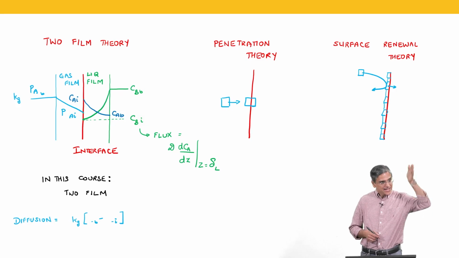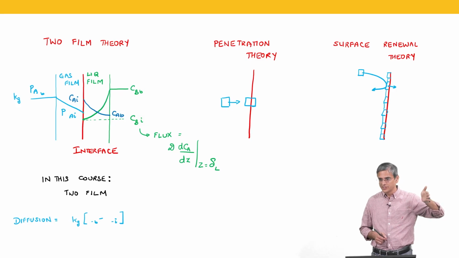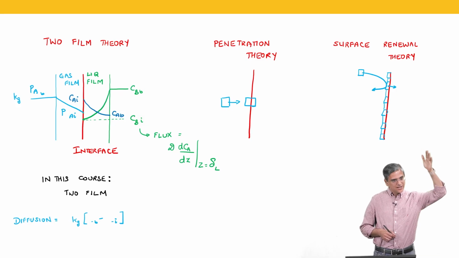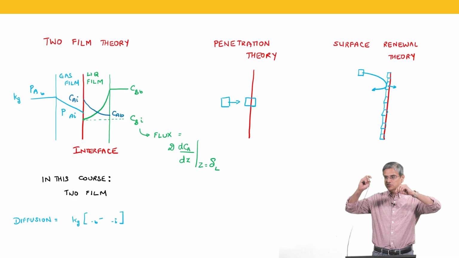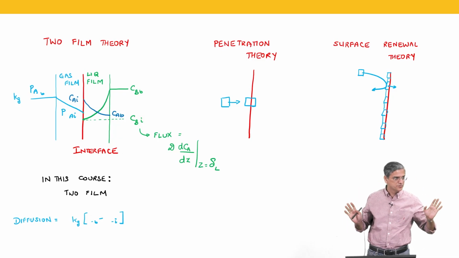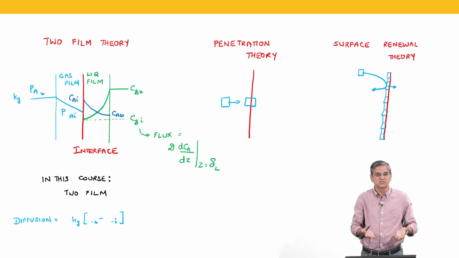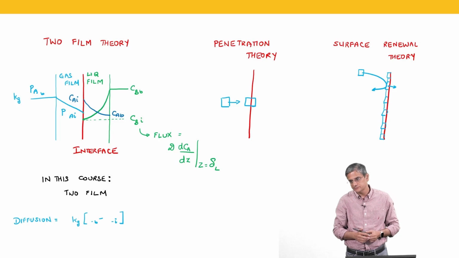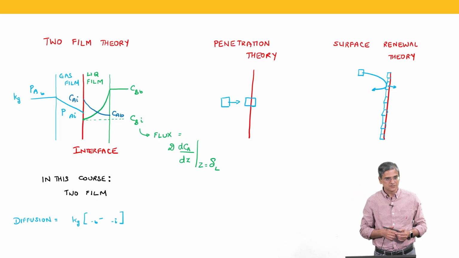So the y axes are different for the light blue and dark blue. There are two y axes, one for pressure and another for concentration. Just because visually you see CA at a different location, it has absolutely no meaning. I just drew CA at a different location because I didn't have space. So please remember that.